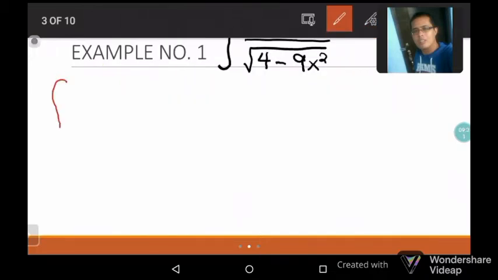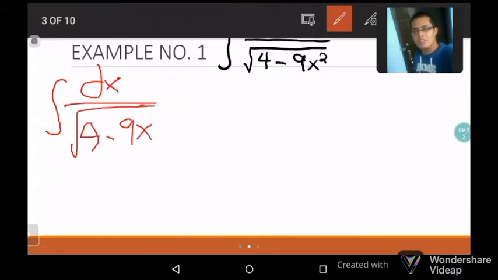So ulitin natin. So dx, isulat natin yung example, dx over square root of 4 minus 9x squared. Okay. Ang u squared natin dyan is 9x squared. Okay. Paano natin kukunin si u?